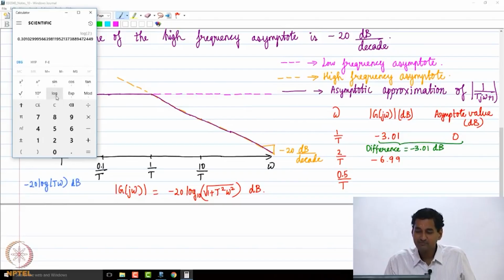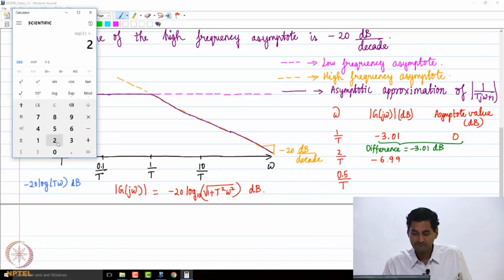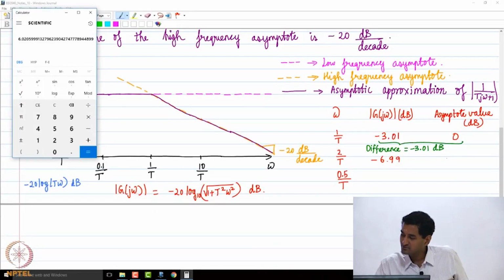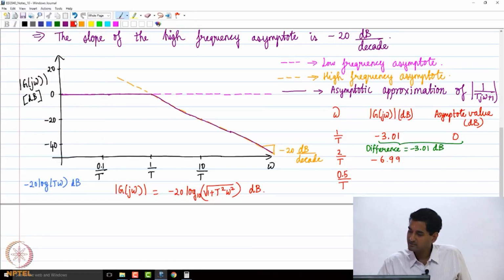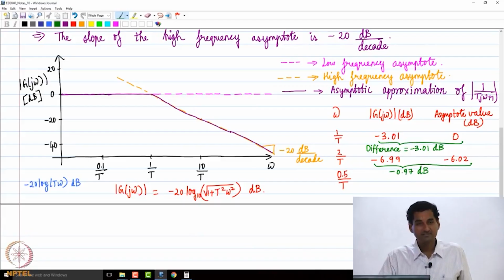So I'm going to get 0.3010, multiply by 20, you get almost around 6, so we are going to get around 6.02 decibels. So this is going to be minus 6.02. So what do you think is the difference between the two? It's going to be 0.97 decibels.